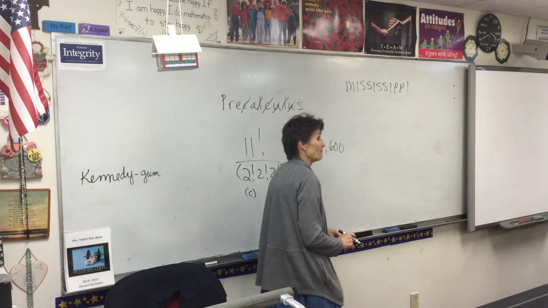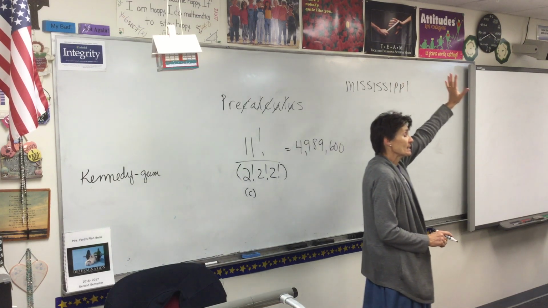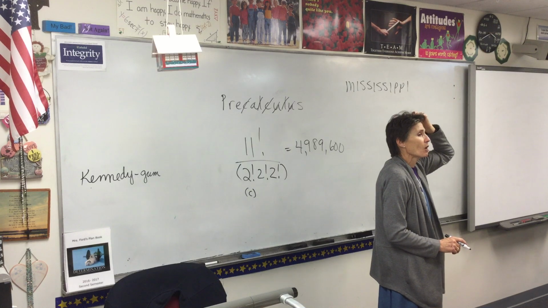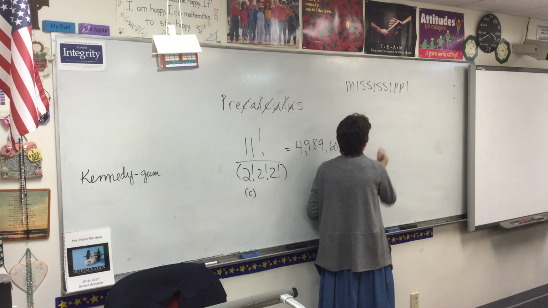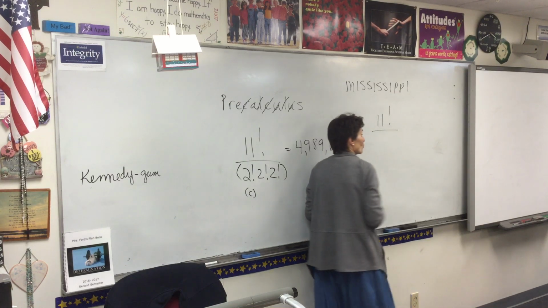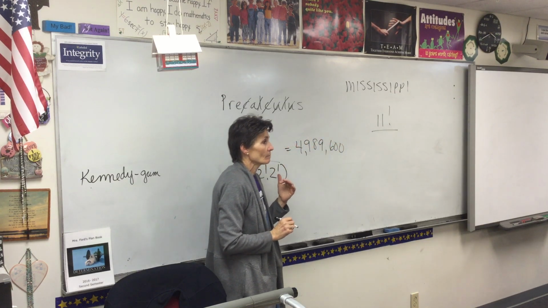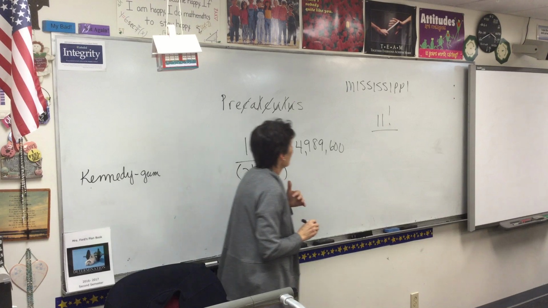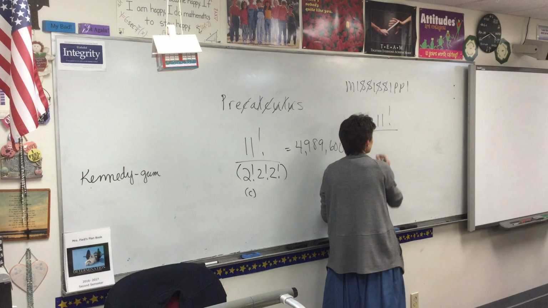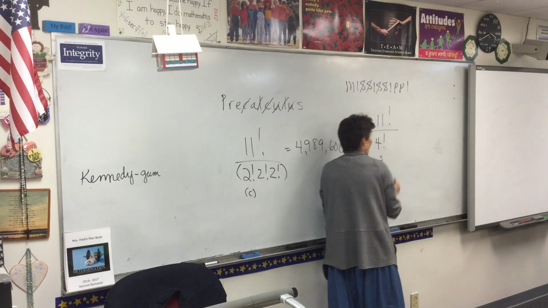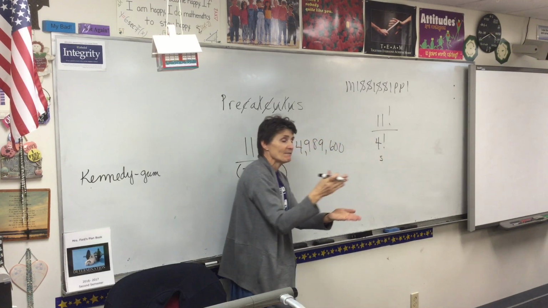Now, Mississippi. Start by counting the letters. How many letters are there in Mississippi? 11. So we start with 11 factorial. Now, we've got 1, 2, 3, 4 S's, so that's 4 factorial. I do each letter individually.